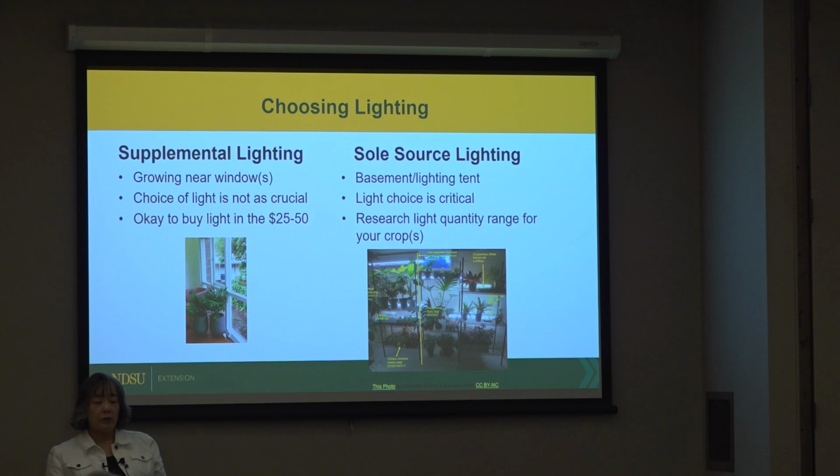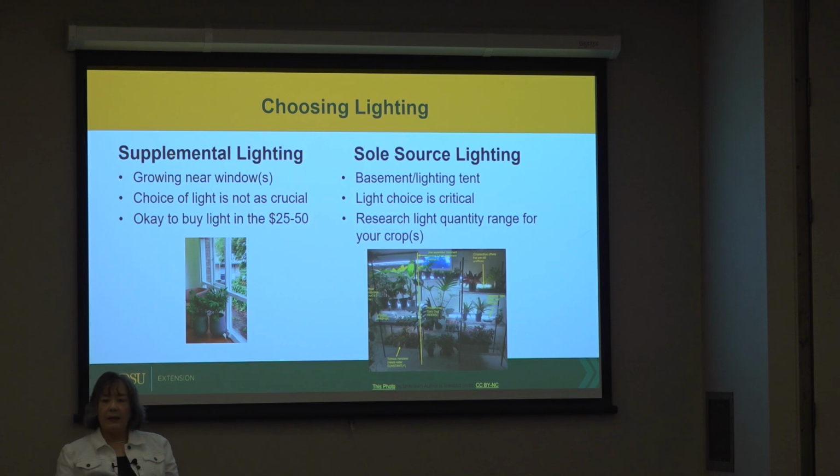So as we choose our lighting, we need to think about the application. If we are growing on the main floor of our house, right next to a window, in that situation, you're using your grow light as supplemental lighting. So you're adding to the existing light that you have. So your choice of light is not as crucial as if you're growing in your basement with no windows.